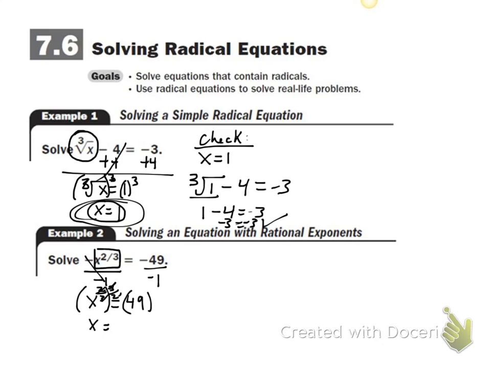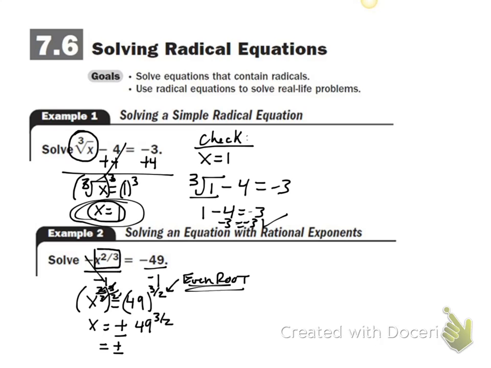So if I raise to the 3/2 on the left, I'm going to have to raise to 3/2 on the right. What a lot of students forget here, though, is they are taking an even root, in this case a square root, of both sides, and you sometimes lose sight of that when you raise both sides to a rational exponent. So when I have an even root, I have to remember it's really plus or minus 49 to the 3/2 power. Now we can actually do a little bit more simplifying here.